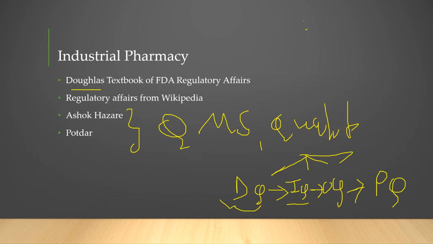So design qualification is something you perform at the pre-installation stage. Installation qualification and operational qualification you perform during the installation stage. Performance qualification you perform in the post installation phase. So this concept is explained in a very beautiful way in these books, so you can refer.